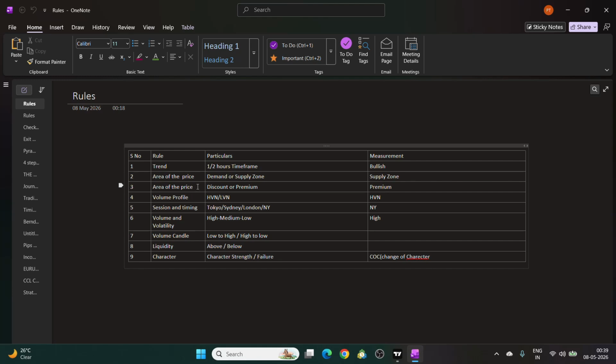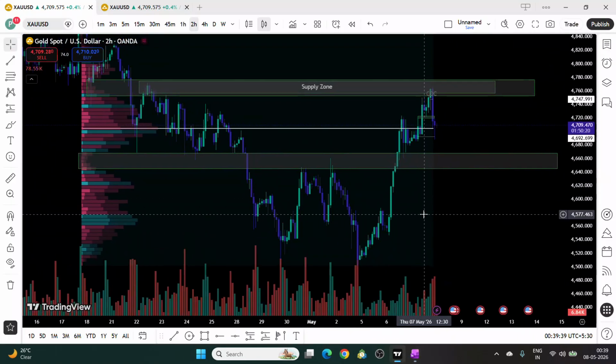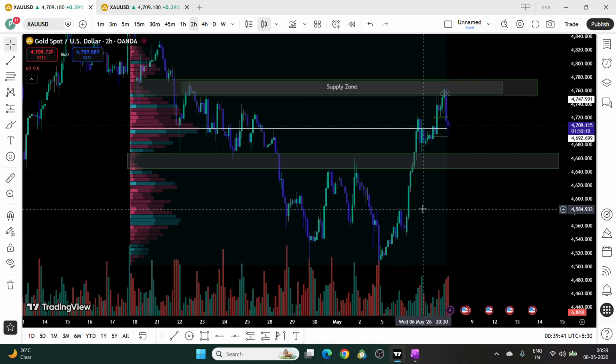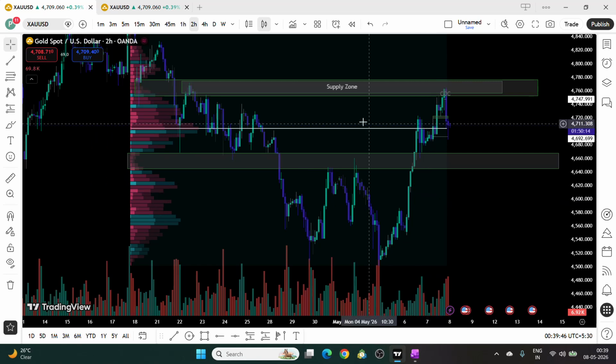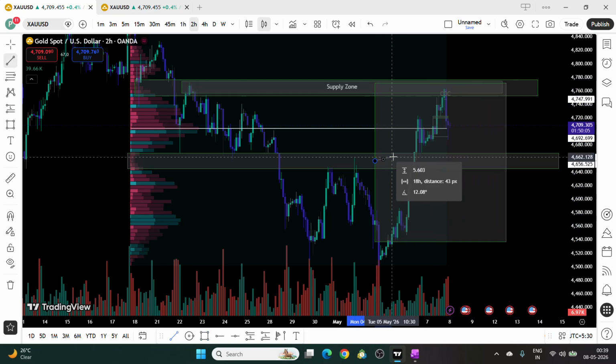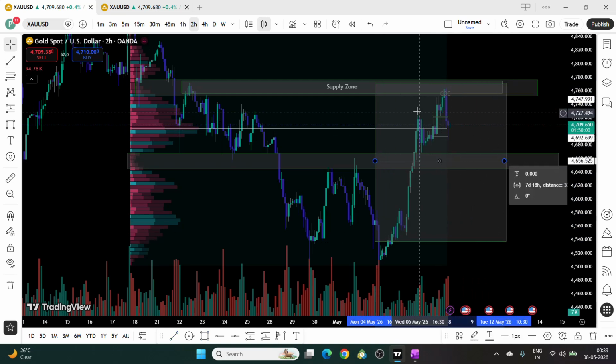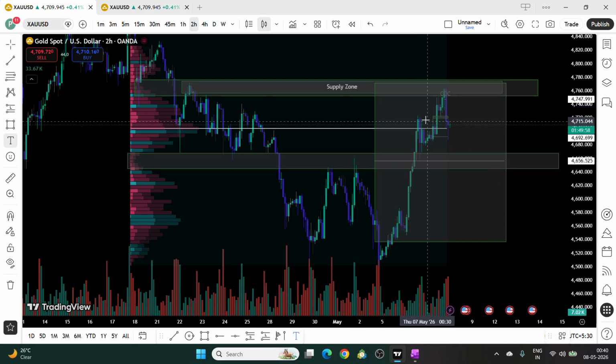Area of the price, whether it is at the discount or at the premium. Normally, we know the concept. Let's say this is the area, and if you want to draw one line, 50%, this will be the premium area.